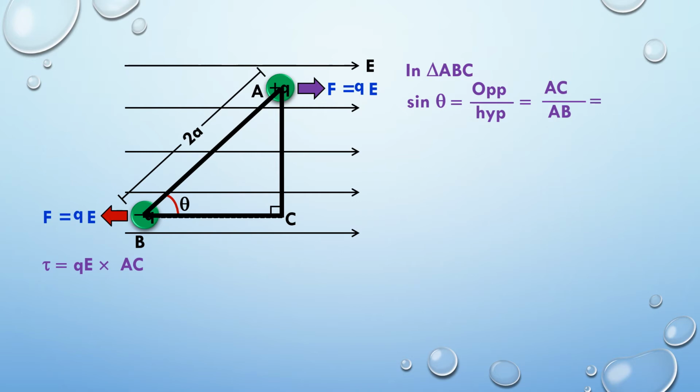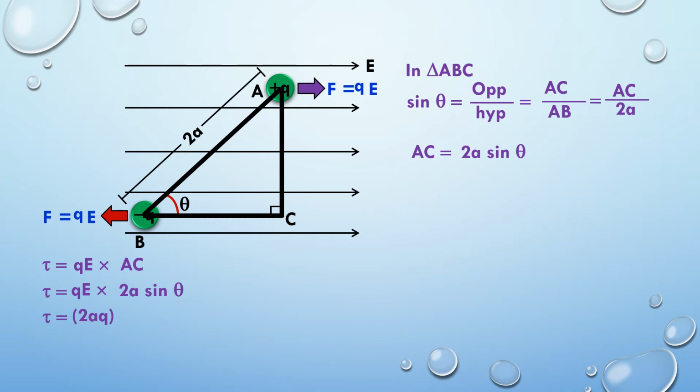Therefore, sine theta is equal to AC upon 2a, where AB represents the length of the dipole. Hence, AC is equal to 2a sine theta. We will substitute this value of AC into this relation. So we get QE into 2a sine theta, or torque is equal to 2aQ.